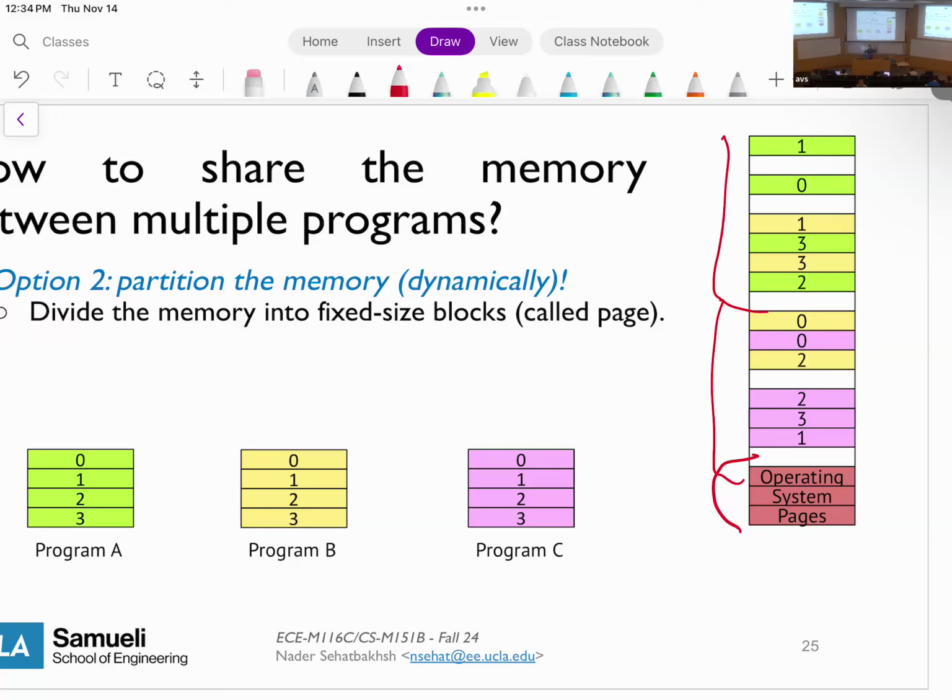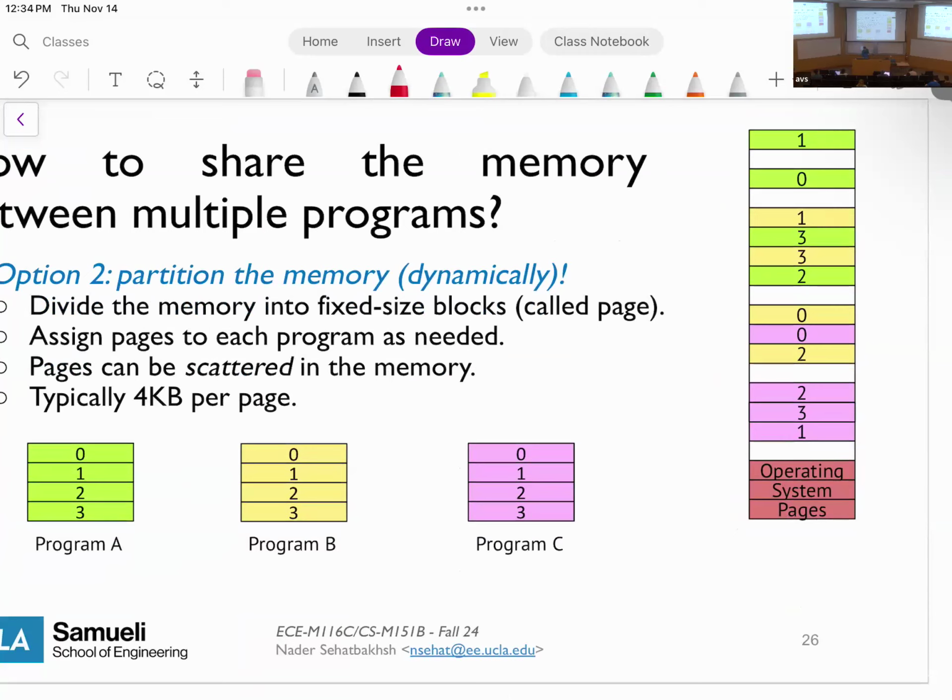Essentially, what used to be big chunks are now smaller chunks, and they no longer need to be bunched together. Within each page, it still needs to be continuous, but across pages, it doesn't. Based on that, I'm going to have a big problem: where do I find each page's storage?